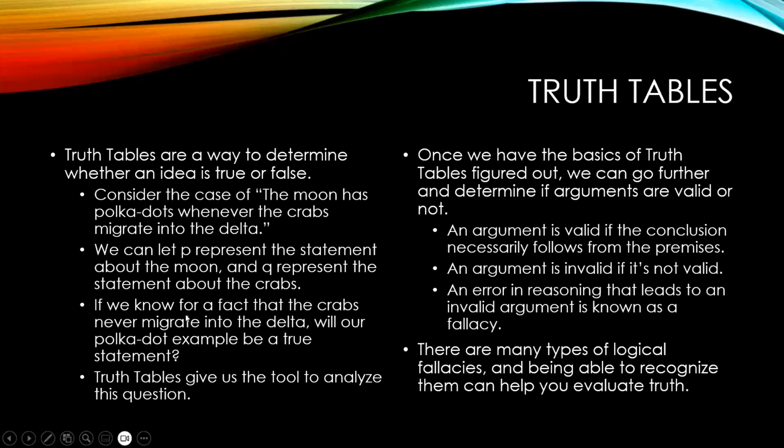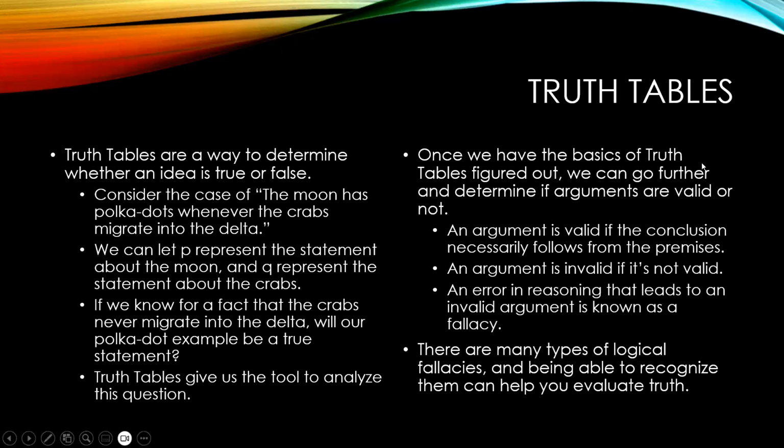And so in our case, if we know for a fact that the crabs never migrate into the delta, will our polka dot example be true or false? Well, if our premise turns out to be false, then our statement will actually always be true. It's a complicated thing to think about, and truth tables are going to give us a tool to analyze and better understand this approach to logic.